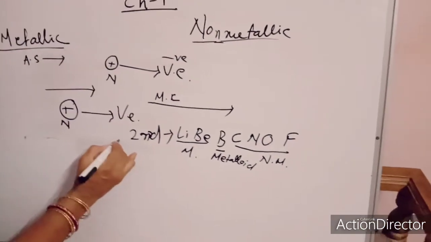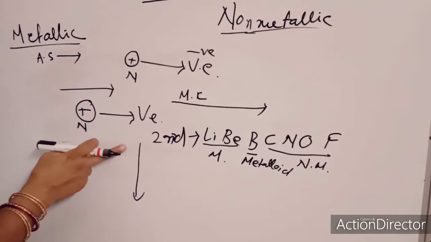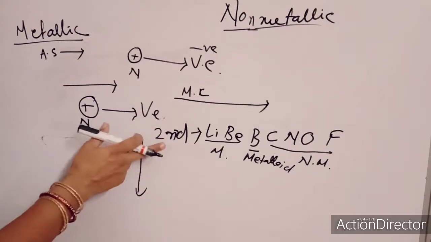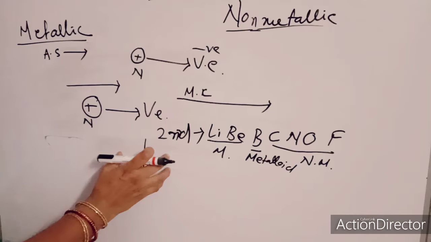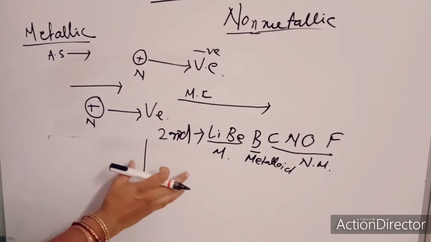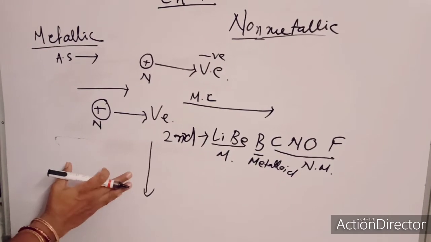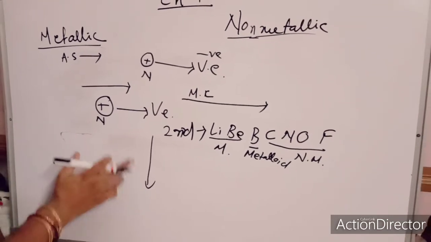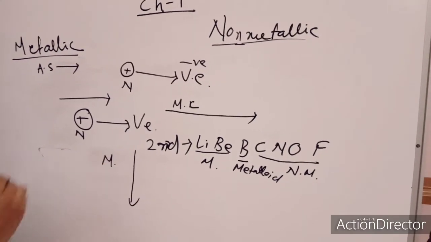Then when you are going down a group, the atomic size increases, and the nuclear charge also increases. But the atomic size effect is considerable because a new shell is introduced, so we consider only the atomic size. Due to the increase in atomic size, the tendency to lose electron increases, so metallic character increases.